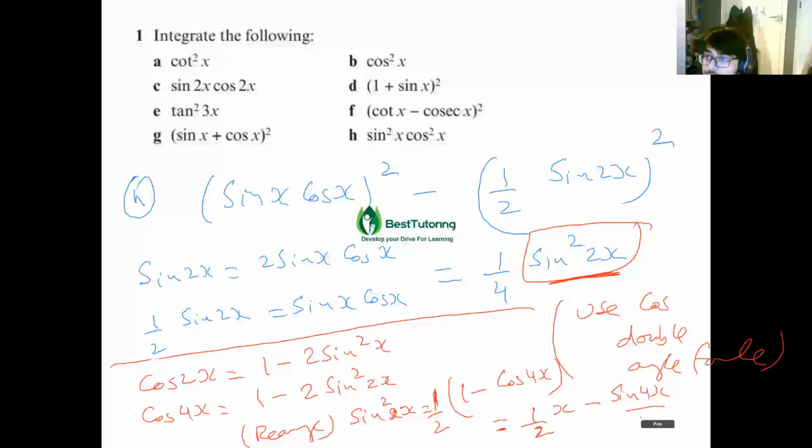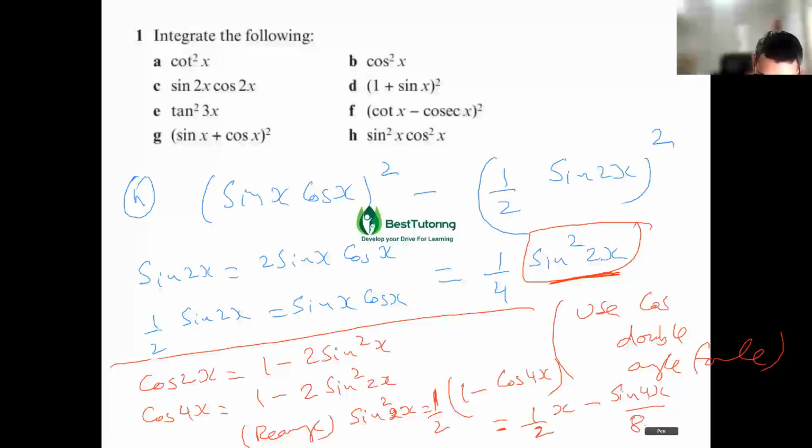Then we have over 2, so it's over 8. But we have forgotten the quarter outside, so we need to multiply by this quarter as well. So we get 1/8 x minus 1 over 32 sin 4x plus c.